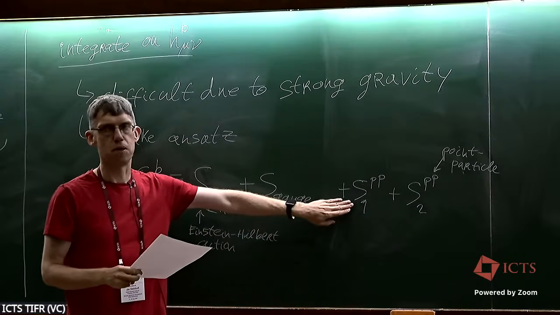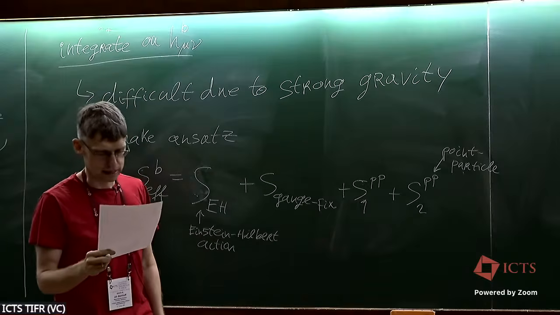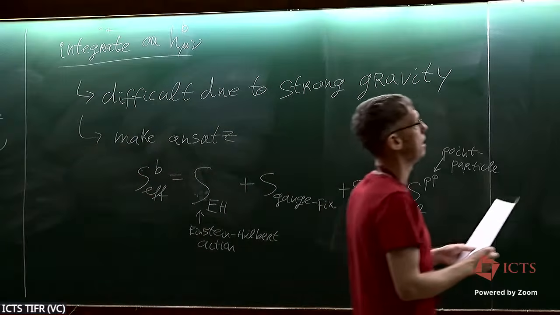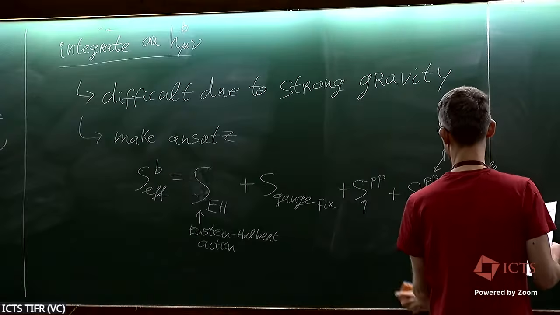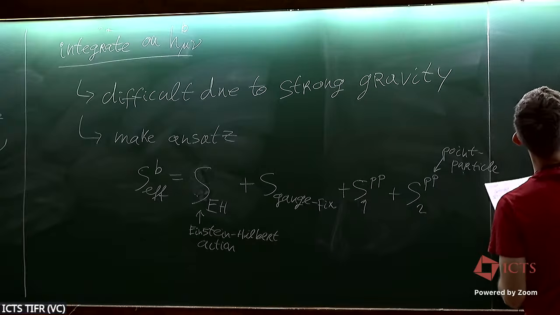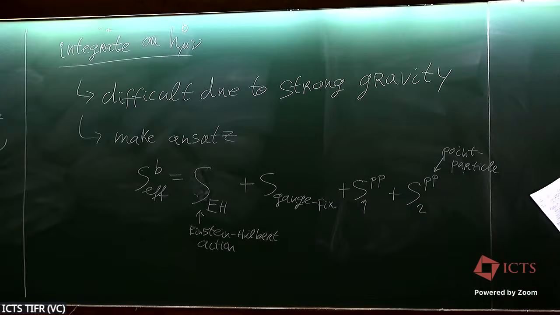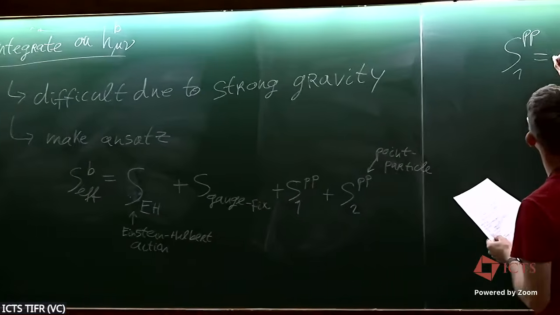And now this point particle action can also be rather complicated. And the approach would be to make an ansatz for it and then try to fix the unknowns in some way. But for now, so we get things going, let me just make the very, very simple ansatz.